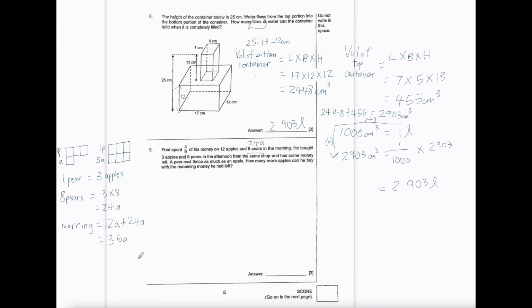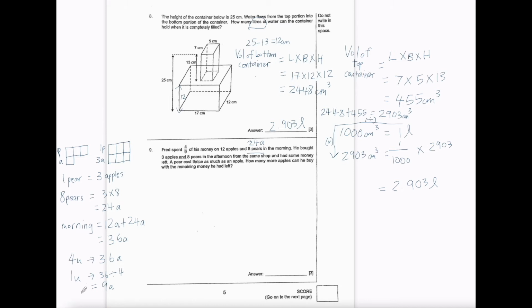Okay, so Fred spent 4/9 of his money on 36 apples, understand? So 4 units of his money was spent on 36 apples. 1 unit of his money will be equal to 36 divided by 4, which is 9 apples.